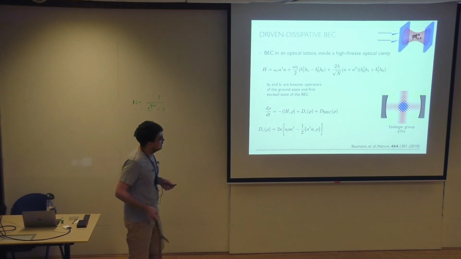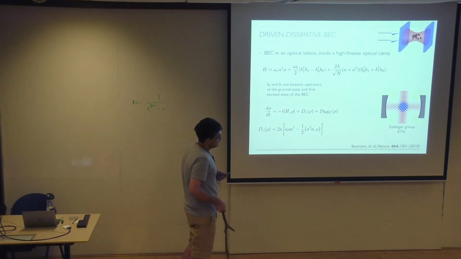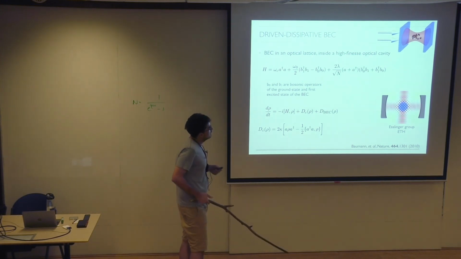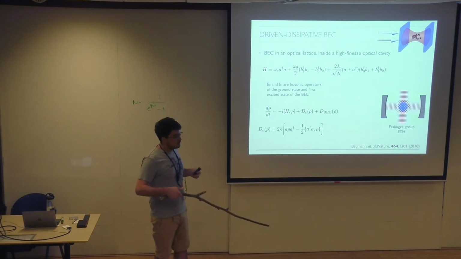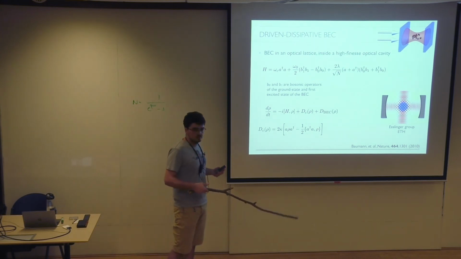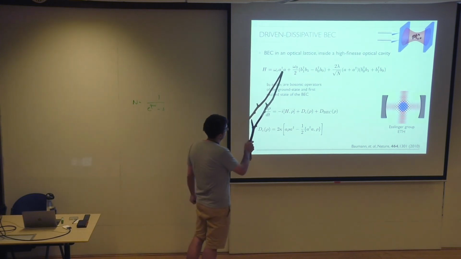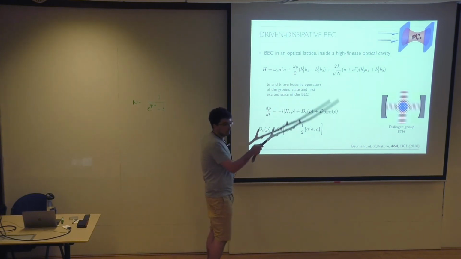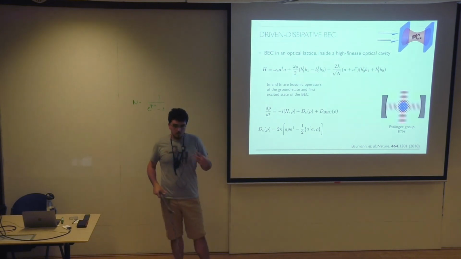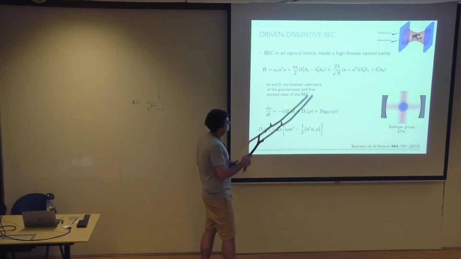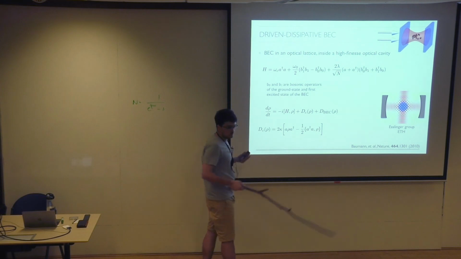The other system is in the group of Tilman Esslinger at ETH. It's essentially a BEC which is trapped in an optical lattice and also inside an optical cavity. So in this case, you again have a mode for the optical cavity. And the other part of the Hamiltonian will be a Bose-Einstein condensate that you approximate as essentially a two-mode bosonic system.